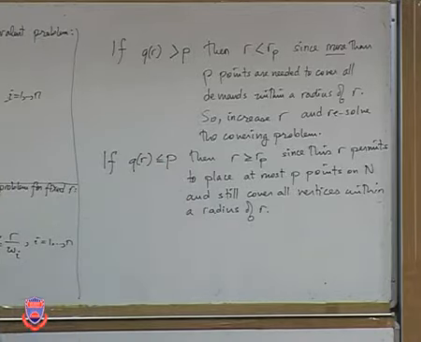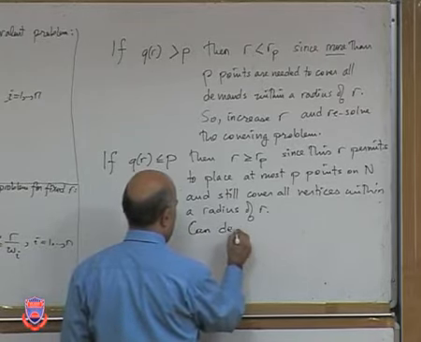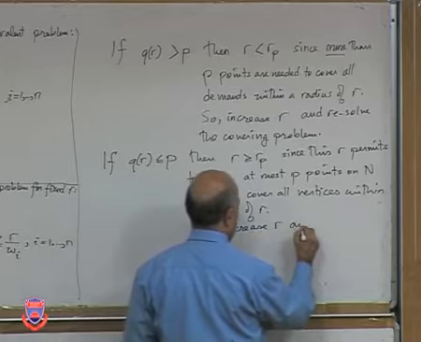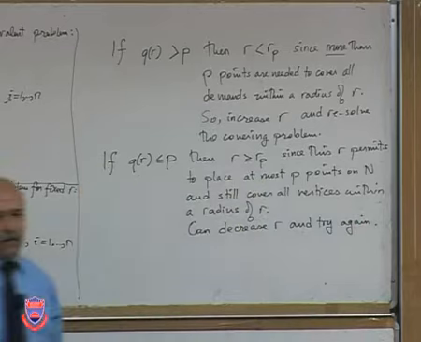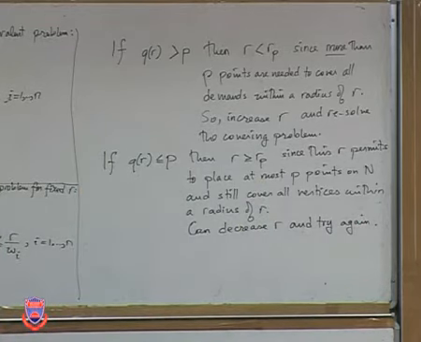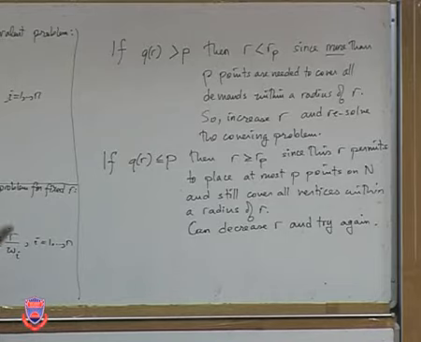So in that case, of course, we know that we can do the job with less or equal P points, so we might as well decrease our R. And we might want to decrease R and solve the covering problem one more time to see what happens. When do we stop? So this essentially tells you the main idea. You either increase or decrease depending on the most recent solution you get for the covering problem.